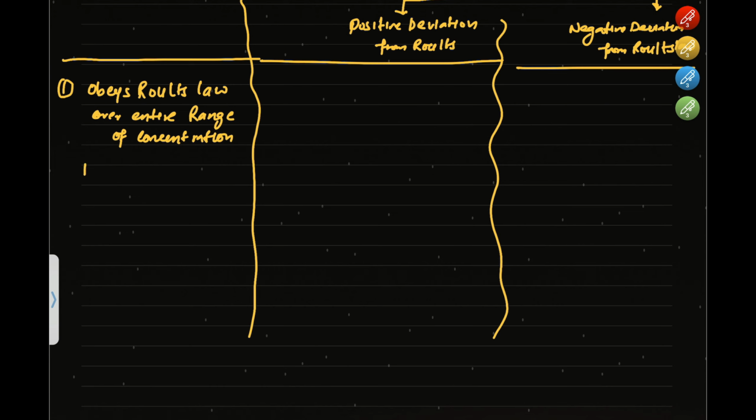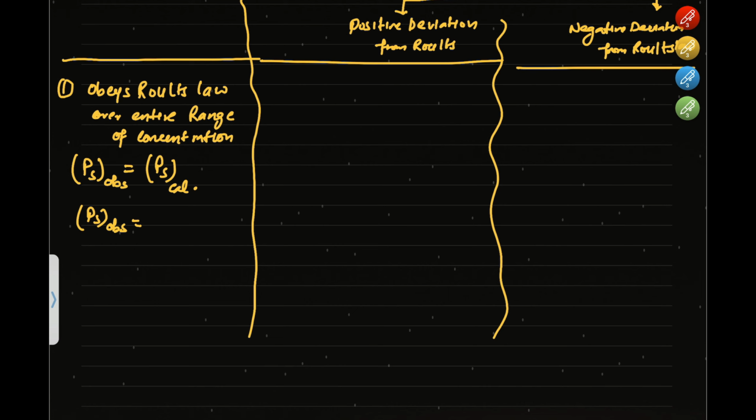The vapor pressure P of the solution observed experimentally is equal to the vapor pressure of the solution calculated from Raoult's law.